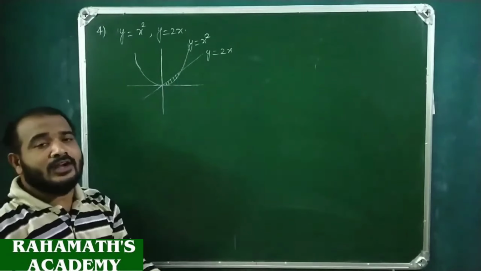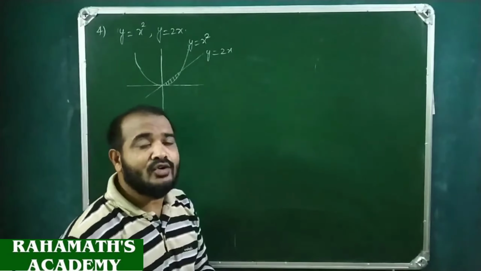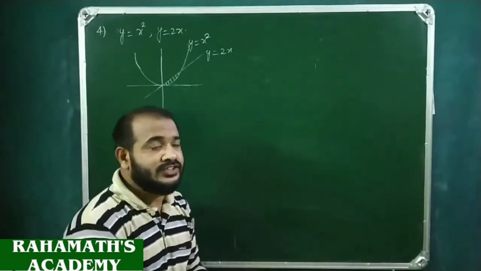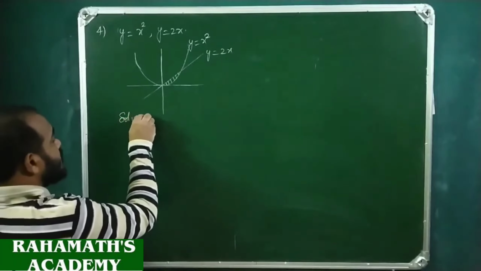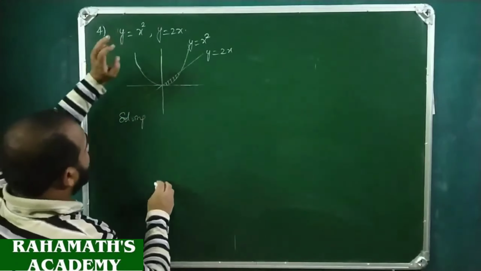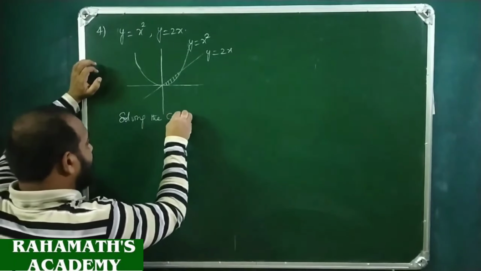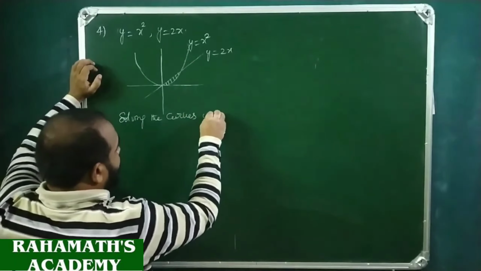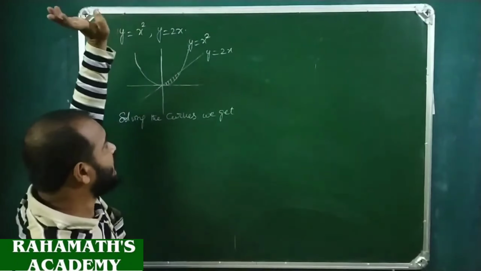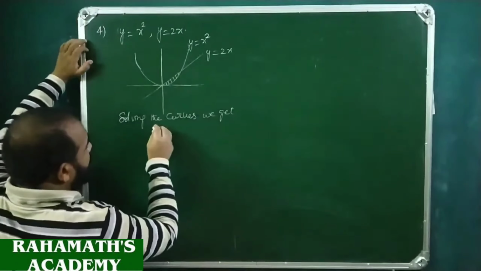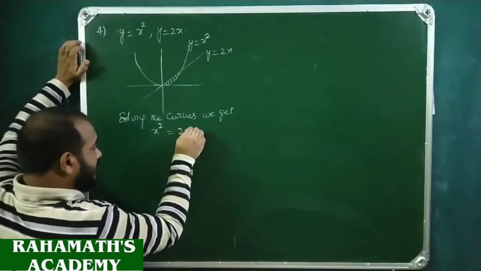So to obtain that point of intersection, we have to solve these two equations. Let us solve. Solving the curves, we get, again, this is the parabola and this is the straight line passing through the origin. So both are y, therefore x square equals 2x.